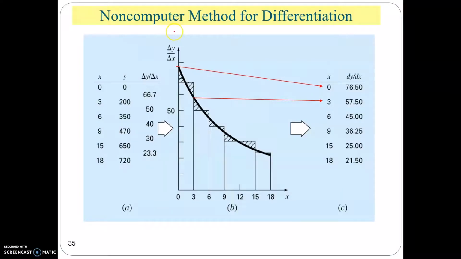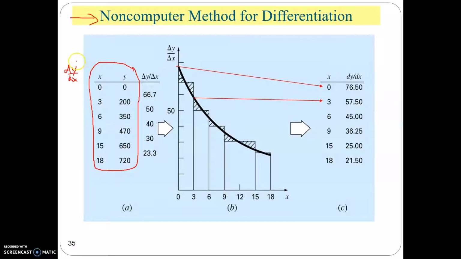Before we move to the numerical algorithm for differentiation, let's look at the non-computer method, or the manual calculation, for differentiation. You are given discrete data in a table format, and you want to know what is dy over dx at these 6 points.